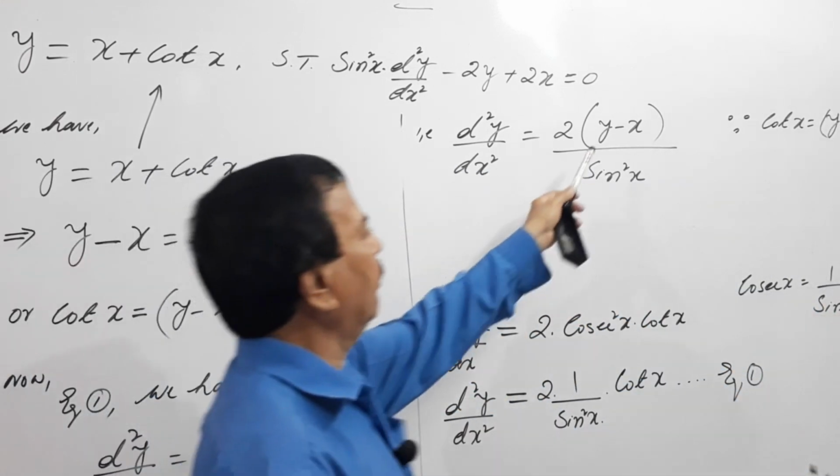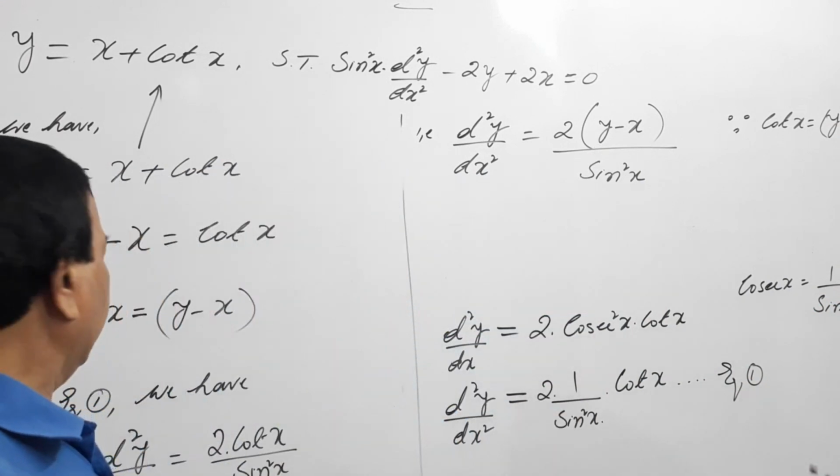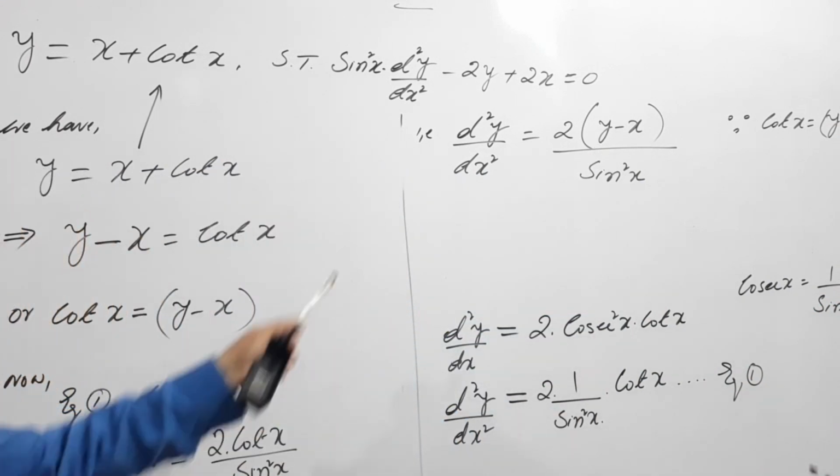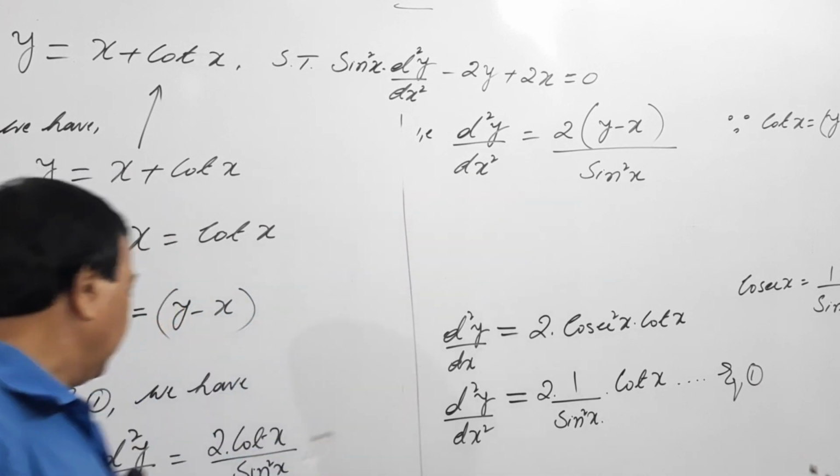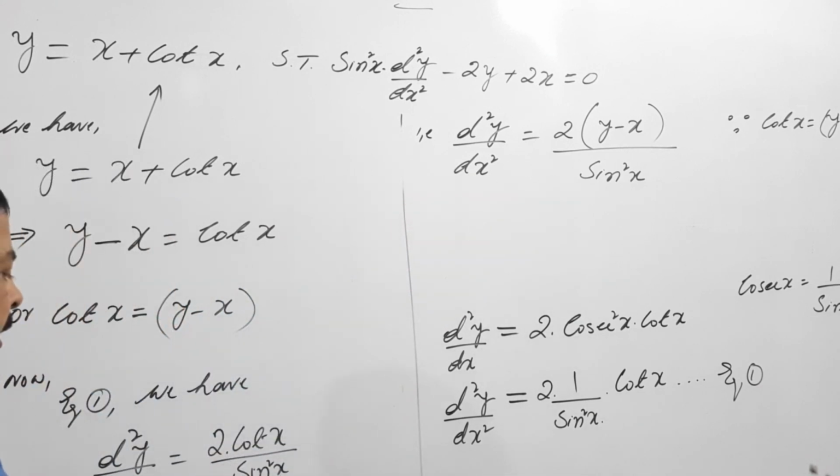So I substitute the value of cot x here. That becomes d square y by dx square equals 2 into y minus x by sin square x.